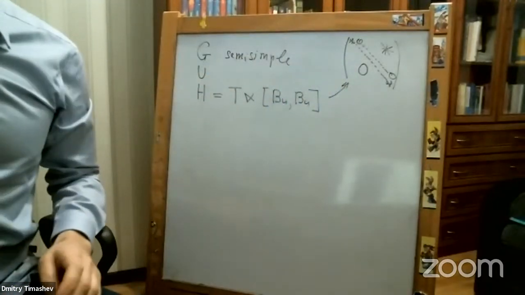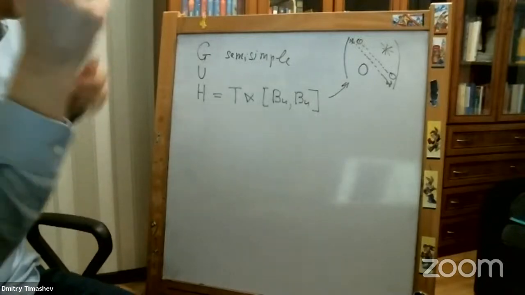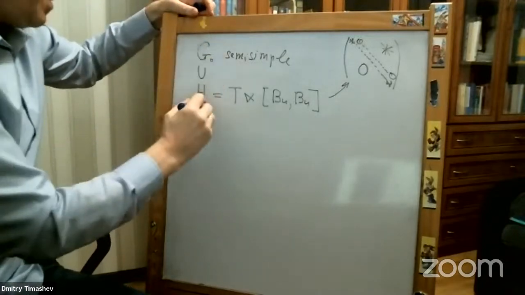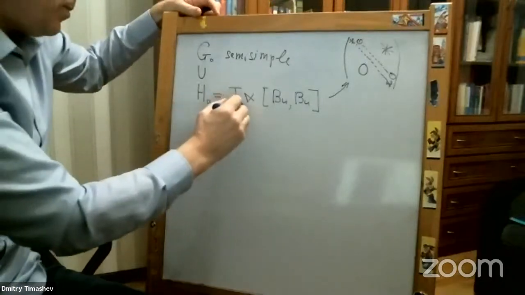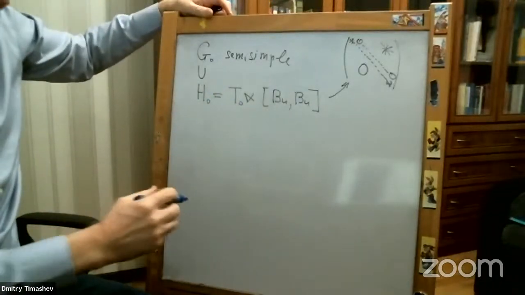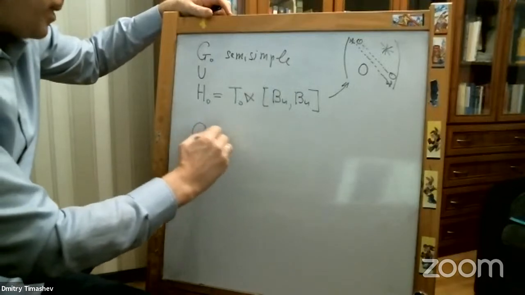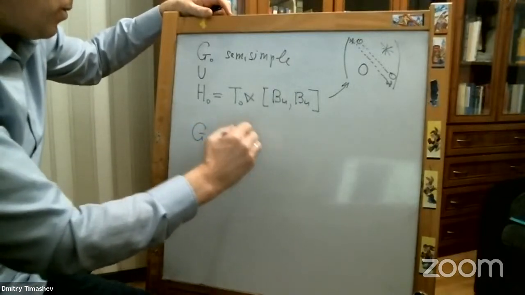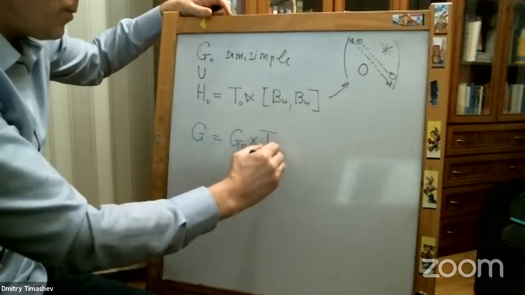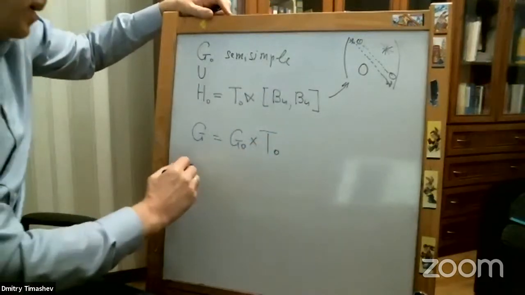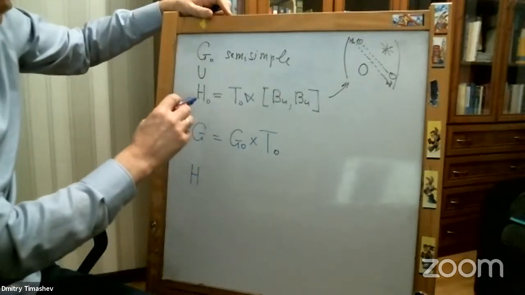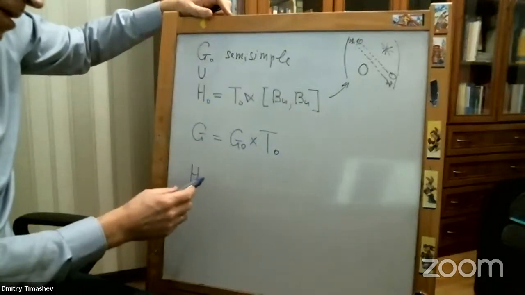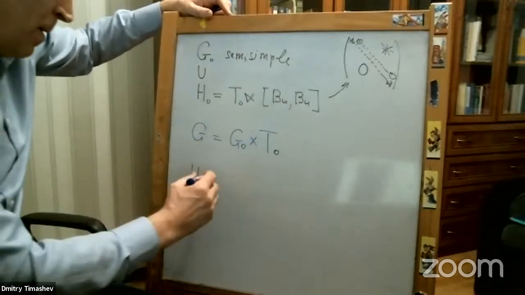And also, maybe let me write G naught here and H naught here. It is not my G and H so far. And here also T naught. G is a product of G naught with another copy of the maximal torus. And H is isomorphic to H naught, but is embedded diagonally here.